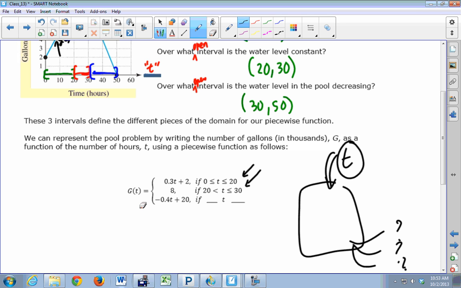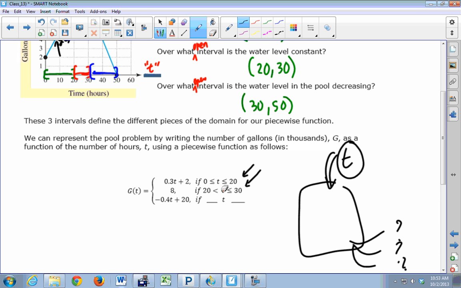Am I in the part of the story where I'm filling up my pool, and that happens on this interval 0 to 20? Or am I in the part of the story where we're all just hanging out, floating on our floaties, and nothing's happening to the level of the pool? Or am I in this part of the story where the pool is actually draining?